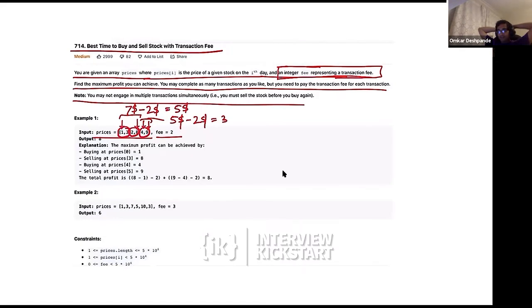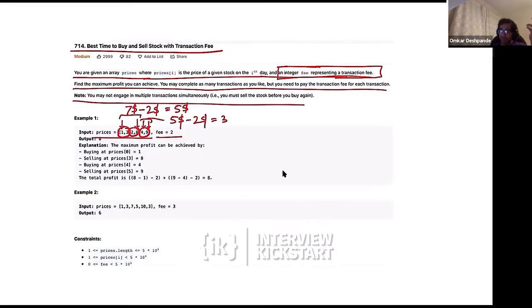But since we have a fee, look at the first 2 options here, 1 to 3 and 2 to 8. With a rise from 1 to 3, I would have a profit of $2, and then I would end up paying all of that $2 as a fee. Likewise, I would have a profit of $6 here, I would pay $2 as a fee, so I would make $4 between these two.